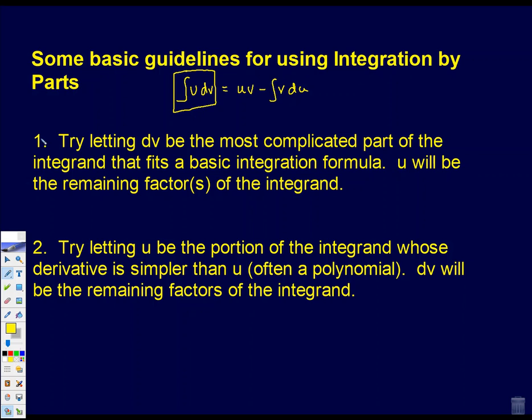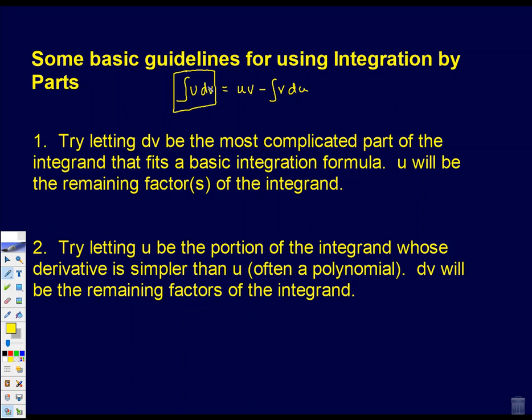One guideline suggests how we might pick the dv part. The other guideline suggests how we might choose the u part. And usually these guidelines work in conjunction with each other. The first guideline says, pick for the dv portion the most complex part that will fit a basic integration formula.